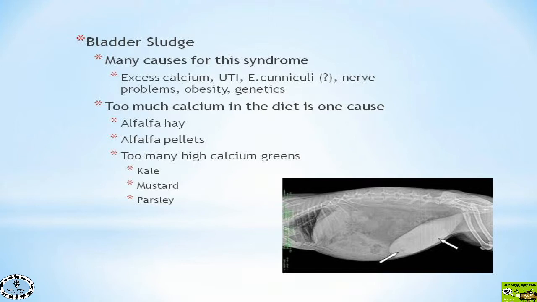For example, I am horribly allergic to peanuts, and so maybe you can eat peanuts just fine and they're great for you, but they'll kill me, so we wouldn't want me eating peanuts, just like we wouldn't want a rabbit who's maybe prone to sludge eating higher calcium greens. But since we know we can prevent sludge from happening potentially from not giving too much high calcium greens, I usually tell people best to only give those higher calcium greens a couple times a week, once a week, that sort of thing.